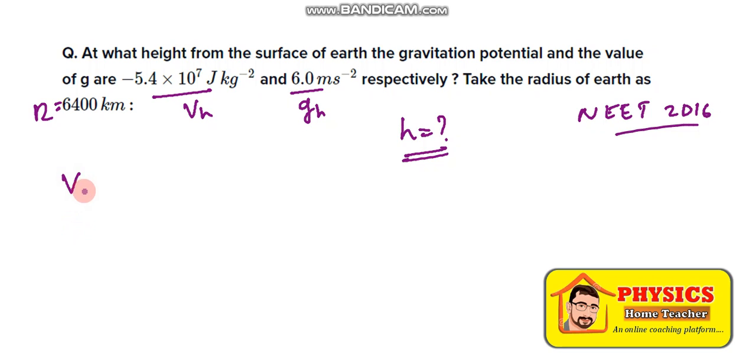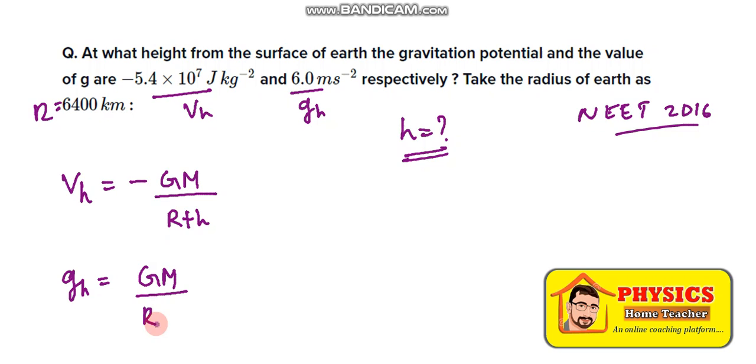So what is the expression for potential? Potential at any height is given by minus GM divided by r plus h, right? Similarly, we can write the expression for acceleration due to gravity, that is GM divided by (r plus h) whole square.